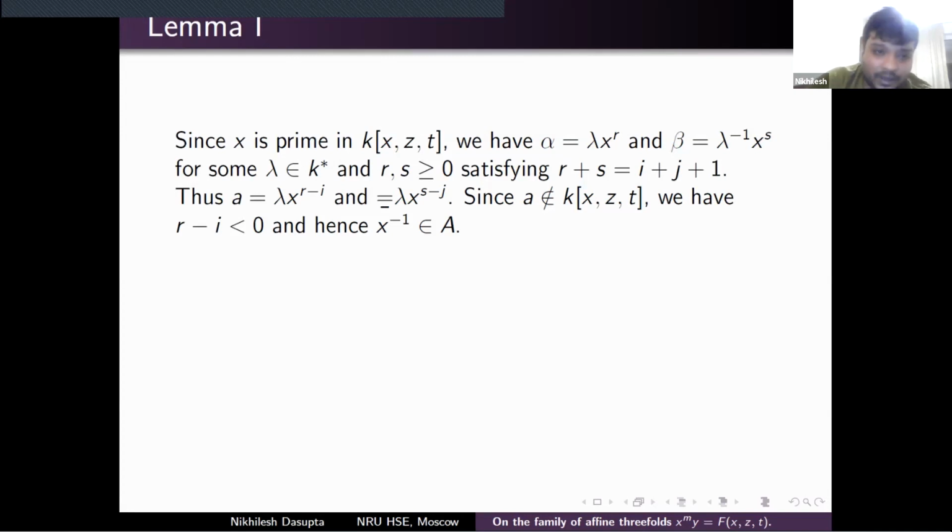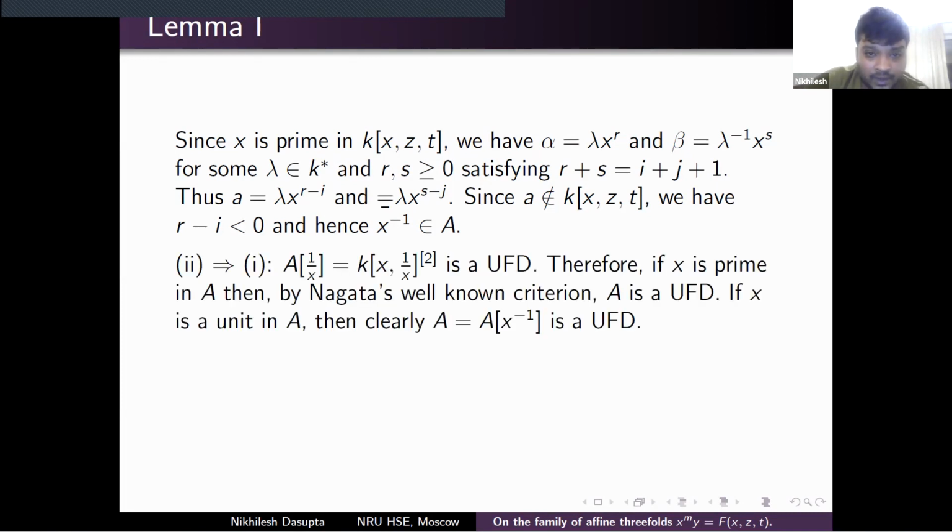Thus, now if you plug in, you will see a is lambda X to the power r minus i, and b will be, sorry, there is a typo here, b will be equal to lambda inverse X to the power s minus j. But we assumed that a does not belong to K[X,Z,T]. So this r minus i can't be positive. So r minus i is less than 0. And this means actually X inverse is... Anyway, this is technical, or you can see it easily.